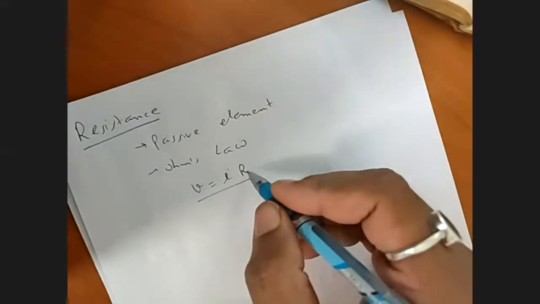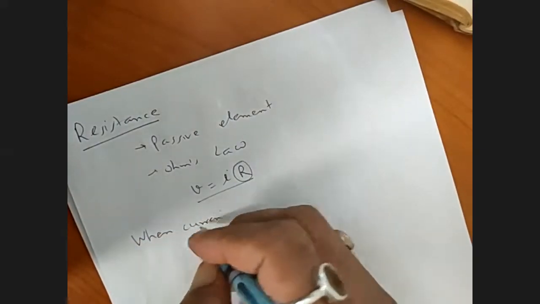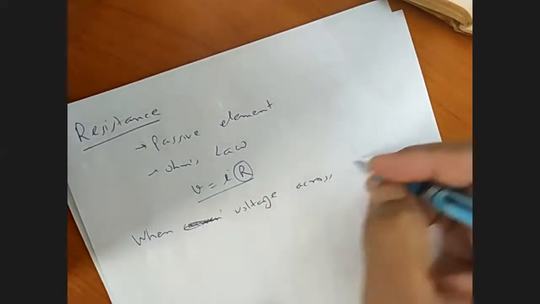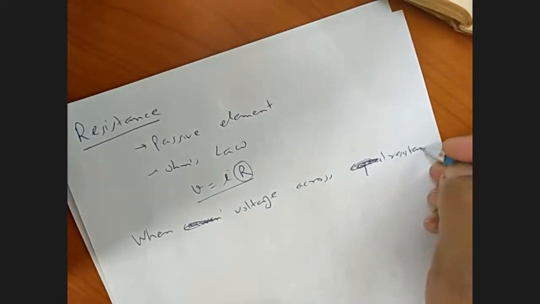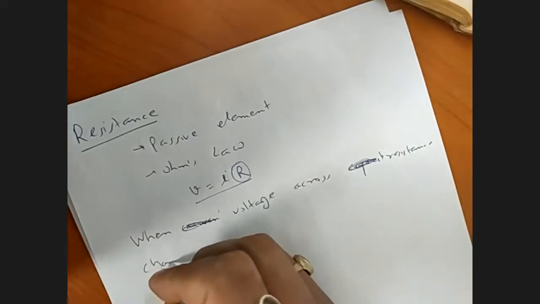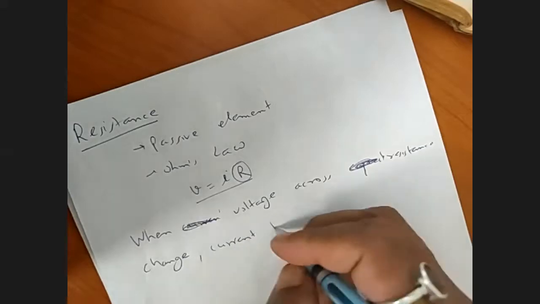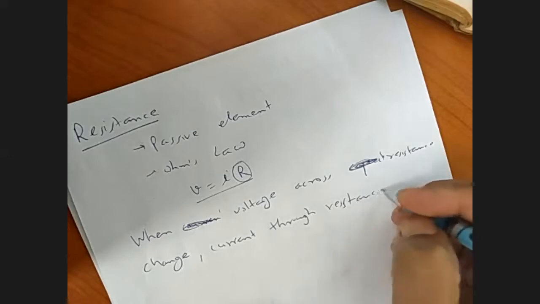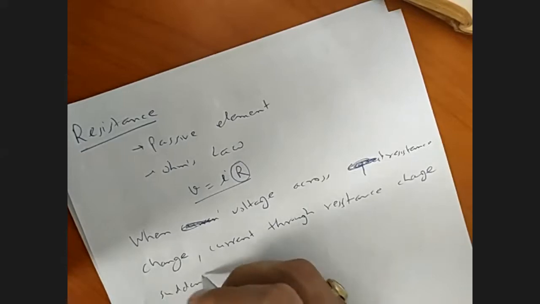Because there is no opposition by the resistance, when the voltage across resistance changes, the current through resistance changes suddenly.